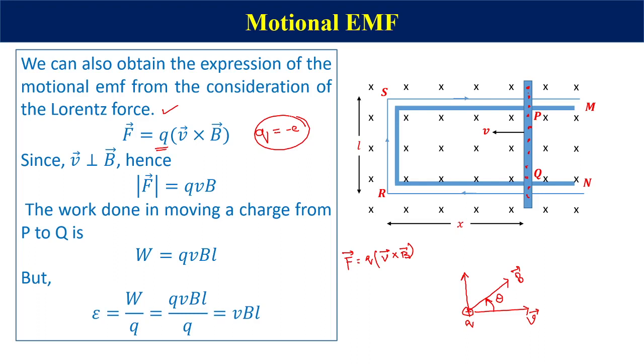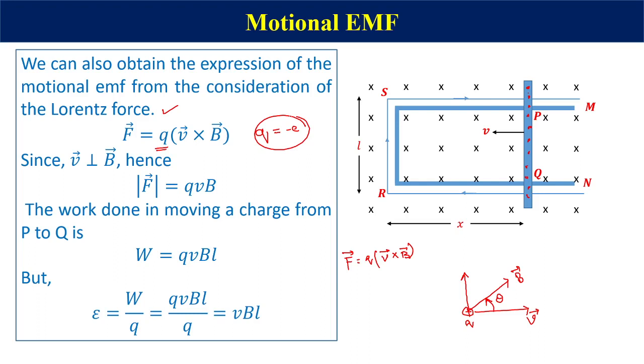So let's consider the charged particles within this conductor PQ which are in motion, and if the charged particles are in motion in a magnetic field, in that case Lorentz force acts, that is a common thing.